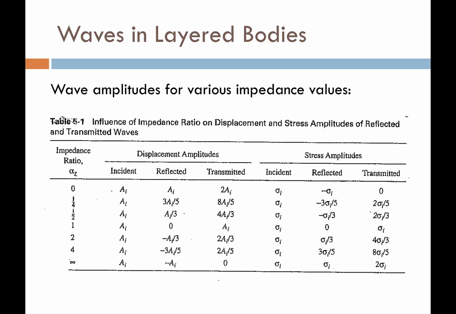All right, well, we're going to end up using these impedance values as we predict how waves travel through different media of soil. So instead of dealing with steel rods, we're going to be looking at soil. So every time a wave travels and hits an impedance boundary of different soil layers, like from clay to sand, from one type of sand to a different type of sand, from sand to gravel, whatever that change in material is, we're going to get some transmission and we're going to get some reflection.